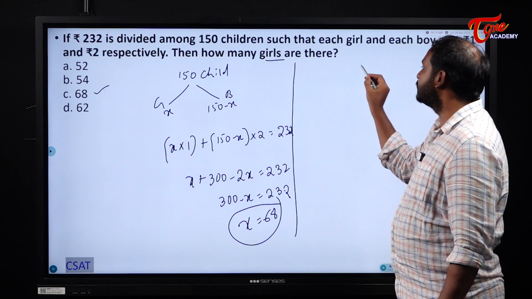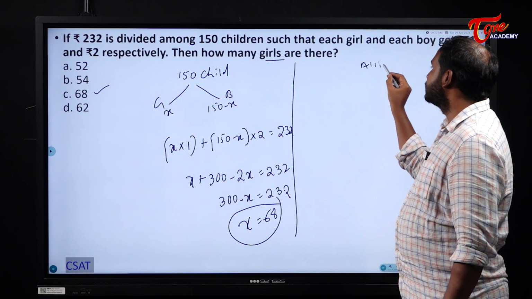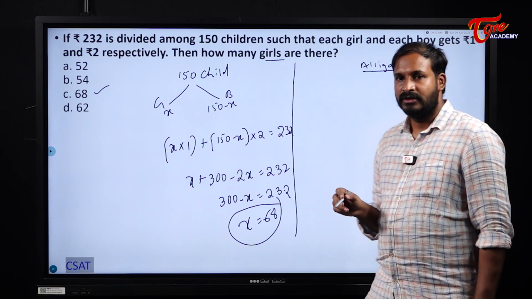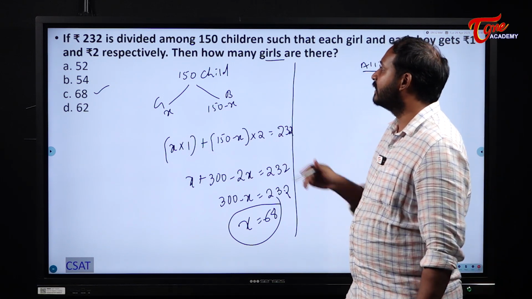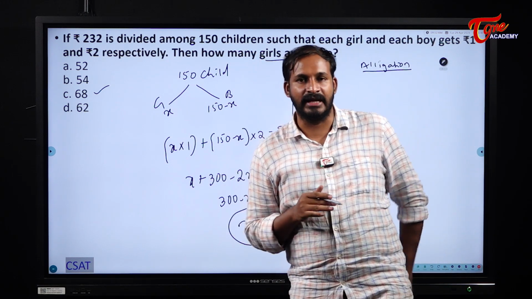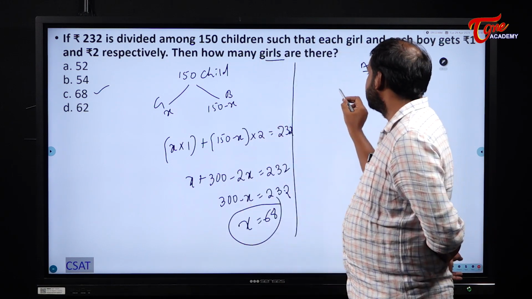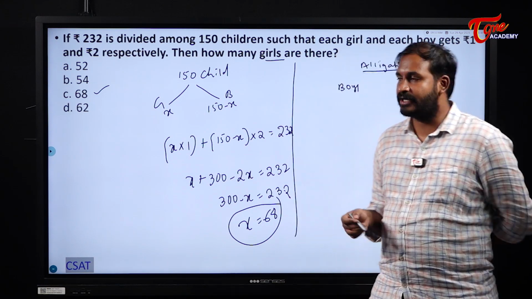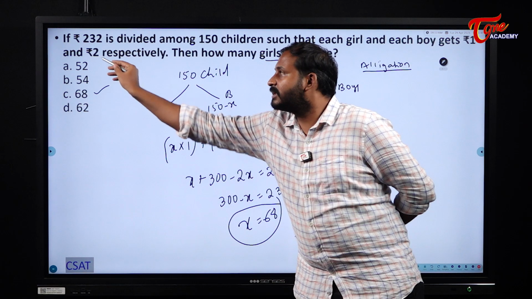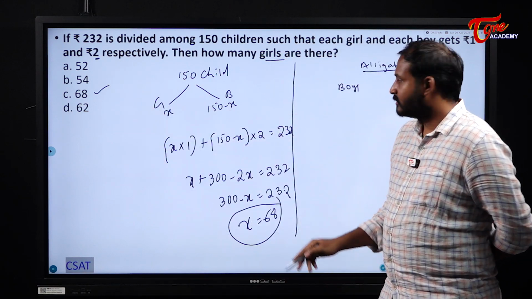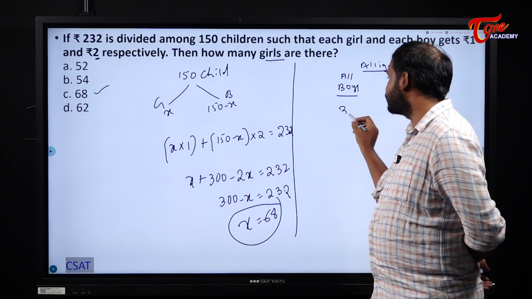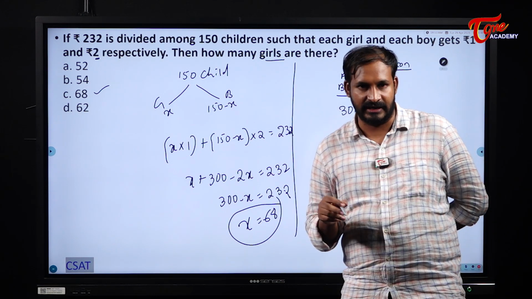Now what is the alligation method, sir? See students, this alligation method will be used in many other concepts also. Now see here, I will assume for the time being that all the 150 children are boys. If all the 150 are boys, then what will be the amount distributed? Each boy is getting 2 rupees, so the amount to be distributed is 300.